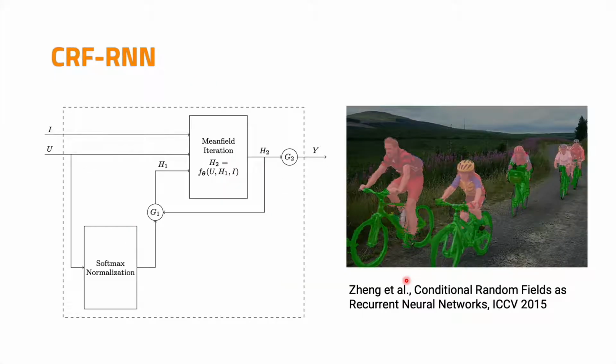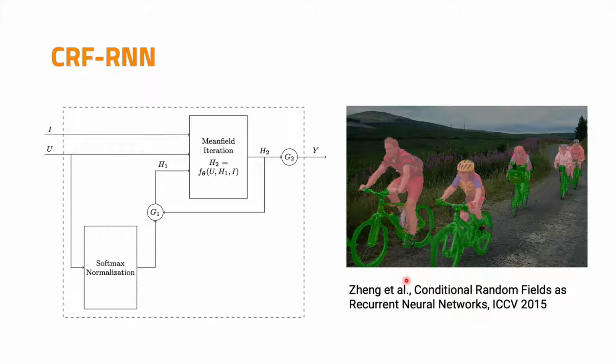And we can even connect the output of those networks with a learned CRF, which is conditional random field. So here we can convert this conditional random field into a neural network and do a joint optimization, so that we can get finer output from the network.